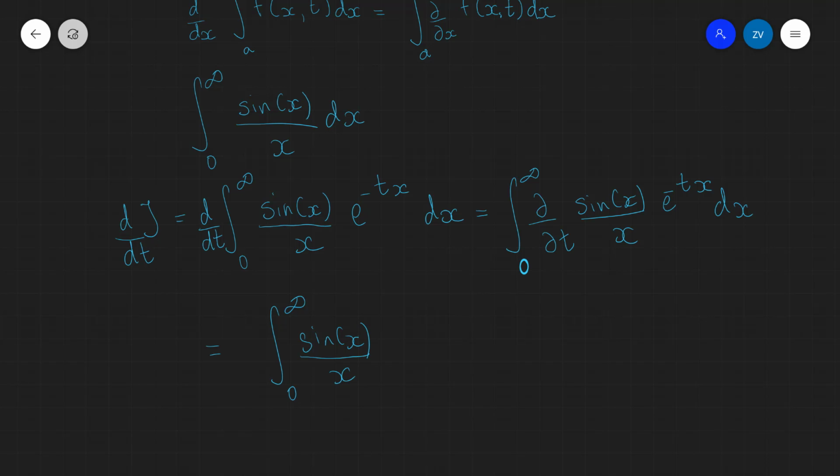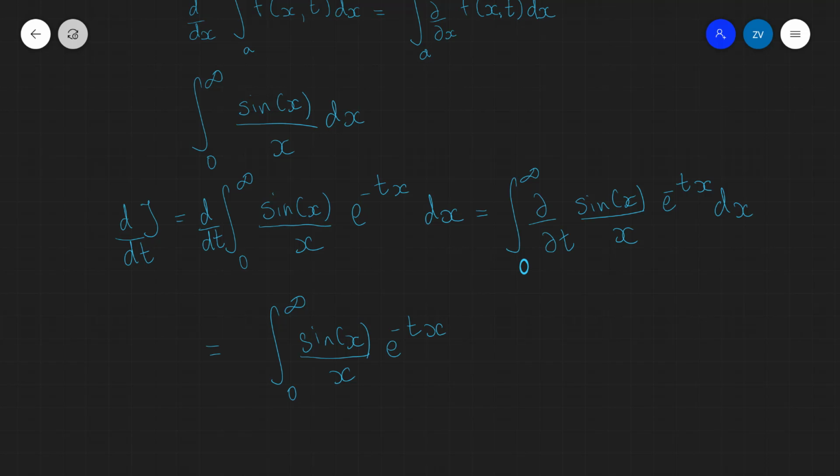And now let's differentiate underneath the integral sign. So the derivative of e to the minus tx will be equal to e to the minus tx multiplied by the derivative of minus tx with respect to t.